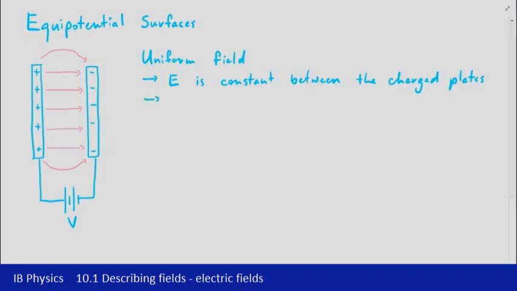If you then note on the edge, we can see that there's a bit of a bend in those field lines, and they bend even further the further away you get. At the edge of a uniform field, you'll usually see that the electric field strength becomes weaker.